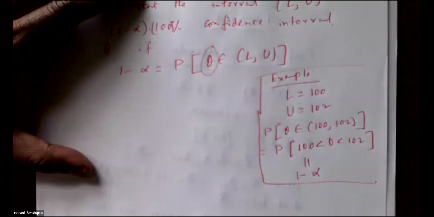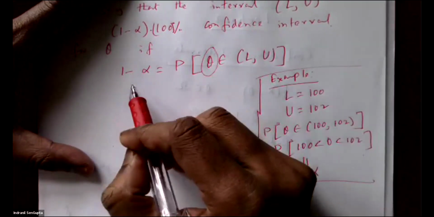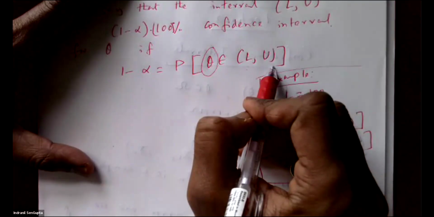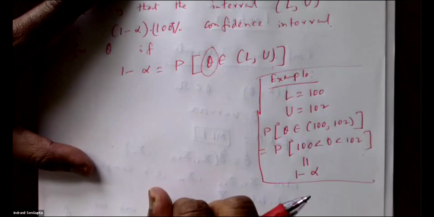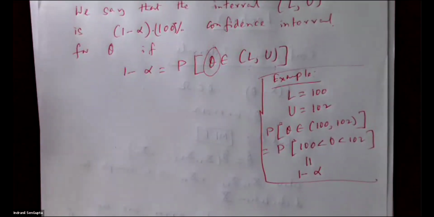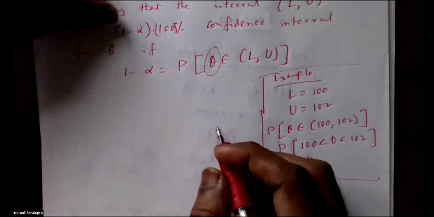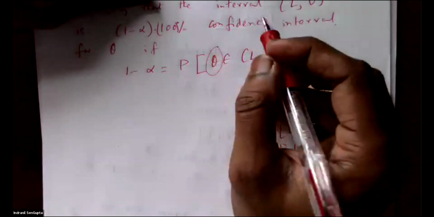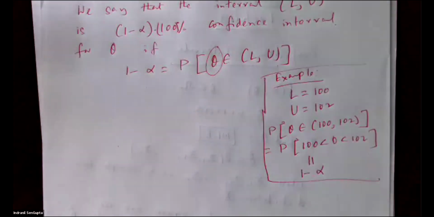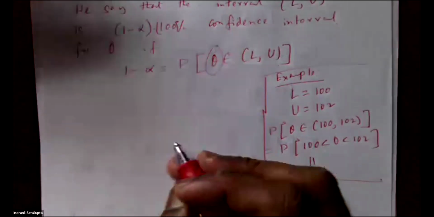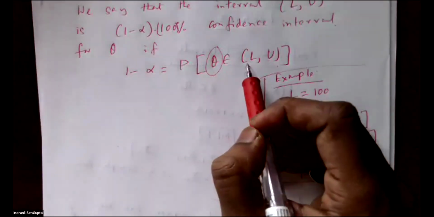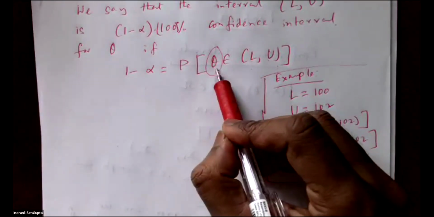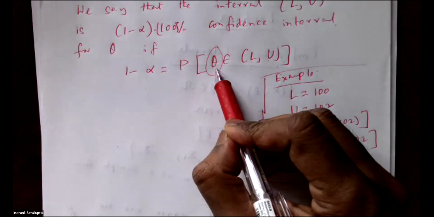It's computed based on two statistics. We'll see some examples, so it'll be more clear. So what we are doing here is, remember, we computed some theta hat based on the sample, so that is sort of encoded in L and U. Now the question is, what is that real theta that we don't know, that's unseen?